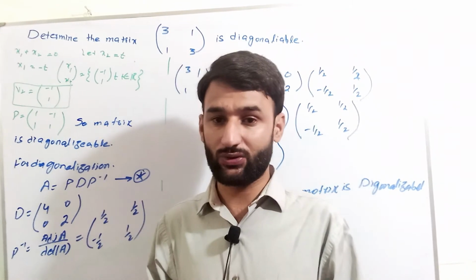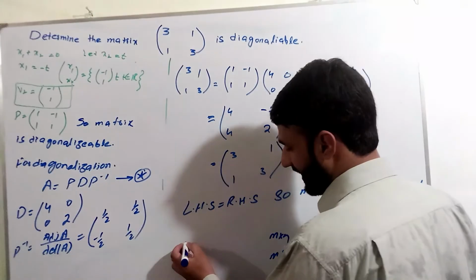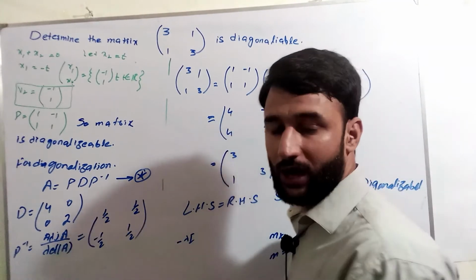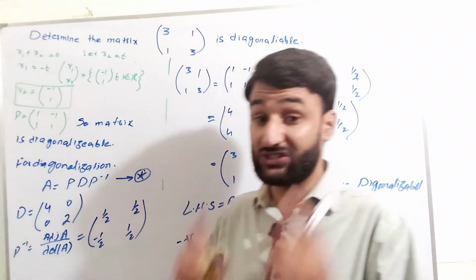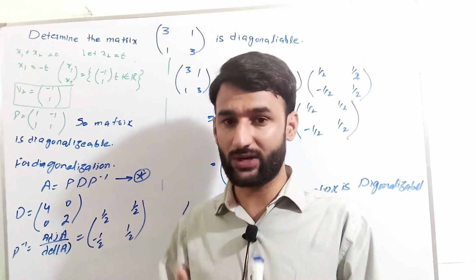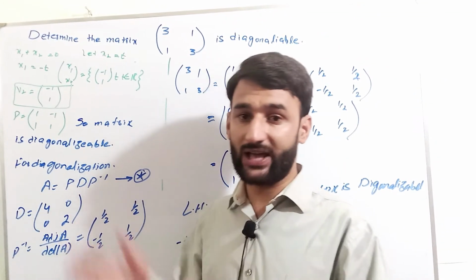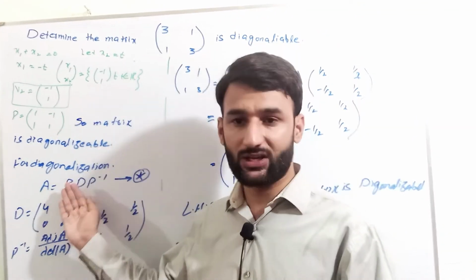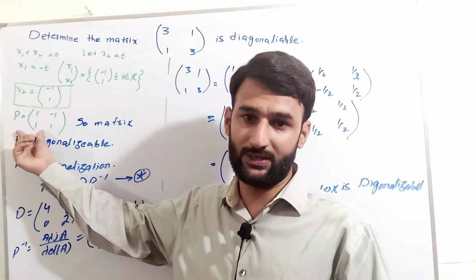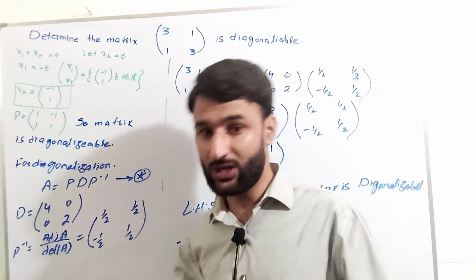When the matrix is square, you multiply the eigenvalue, that is lambda, times I. I is the notation of the identity matrix, which shows that your matrix should be a square matrix, right? When the matrix is square, you can find the eigenvalues, then you can find the eigenvectors. Then you find the matrix P. Matrix P tells us whether the diagonalization is possible or not.